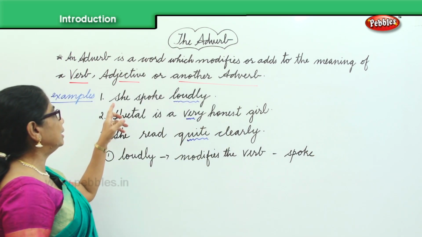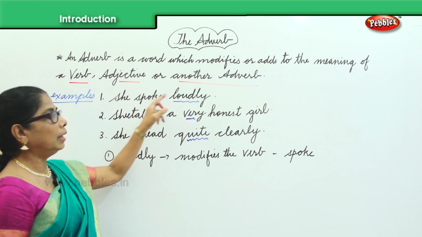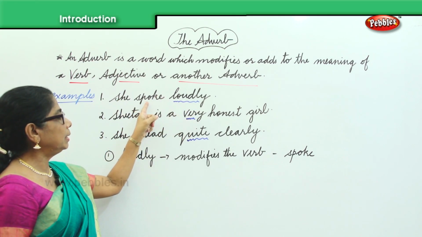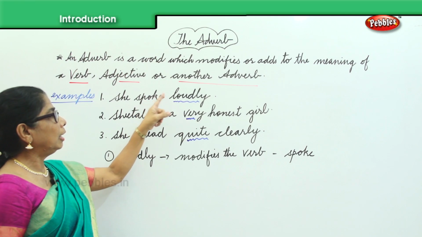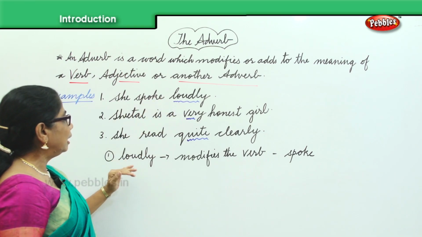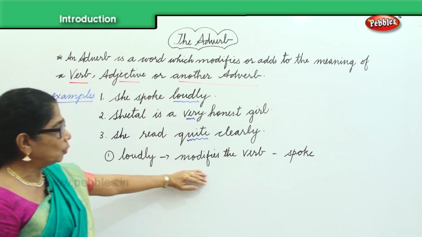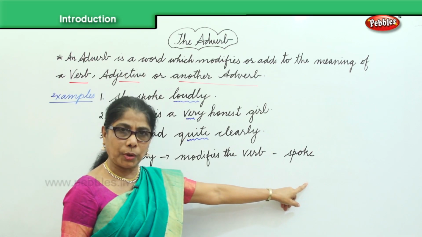In the first sentence we have, she spoke loudly. Spoke is the verb, loudly is an adverb, and it modifies the verb spoke.